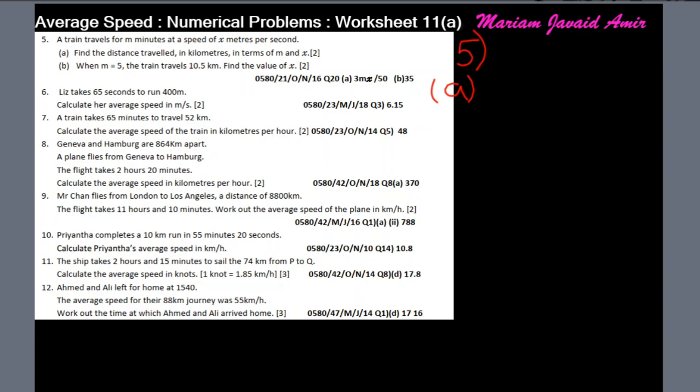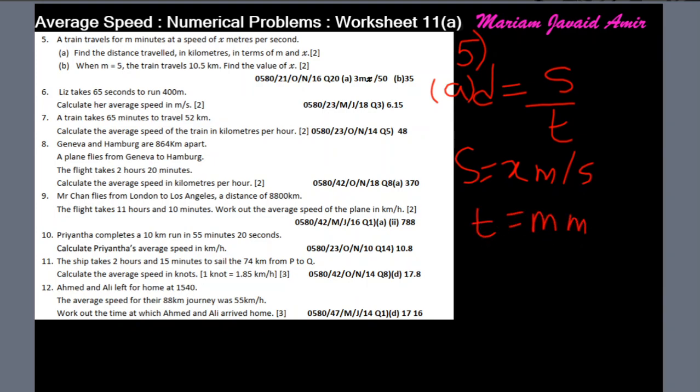So distance is speed over time. Speed is x meters per second. And then the time is m minutes.